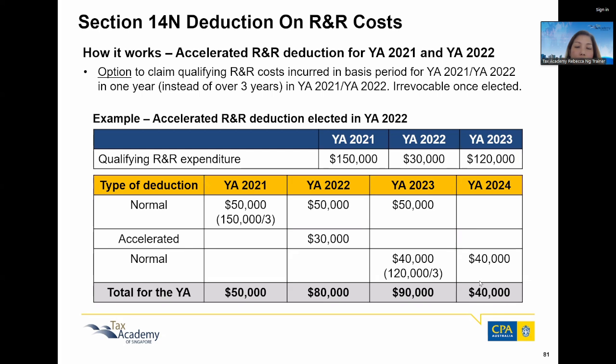So in YA 2023, I do have normal deduction because I have not made an election for the assets that I acquired in YA 2022, and also the assets that I acquired in 2023, to arrive at the 90,000. Let me check the chat.